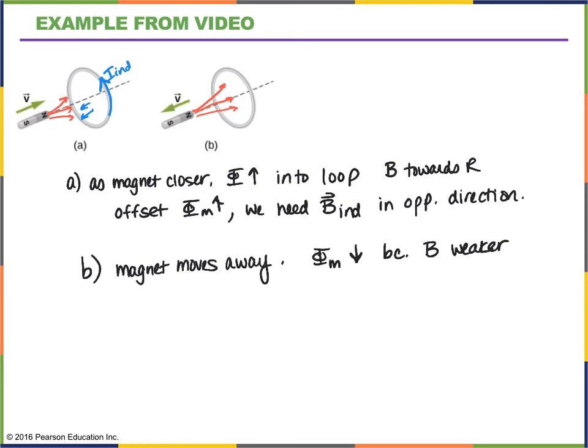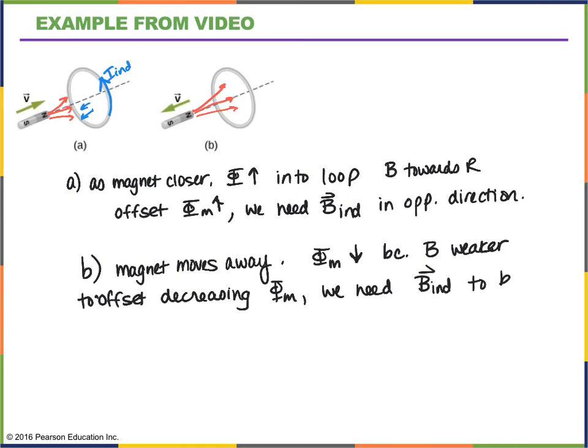This time, to offset the decreasing flux, we need the induced B to be to the right. We need more magnetic field in this direction. So we have to ask ourselves, what direction will the current be in that case? Think about it for a moment.